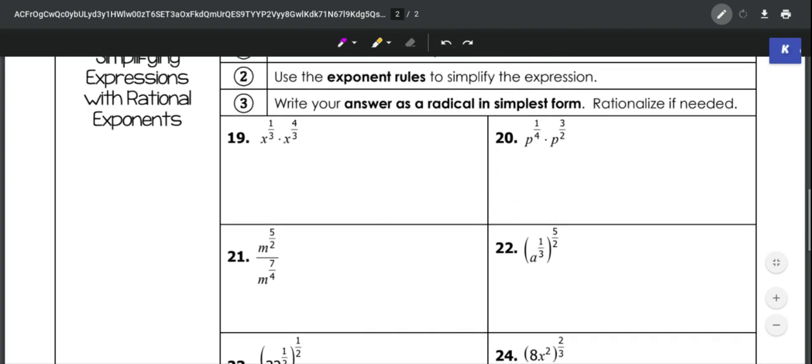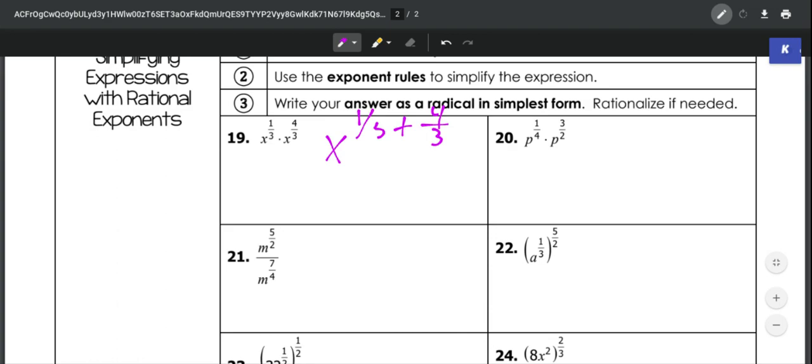So for 19, we've got x to the 1/3 times x to the 4 over 3. So essentially we're saying x to the 1 over 3 plus 4 over 3, because when we multiply 2 variables with exponents, we add those exponents.